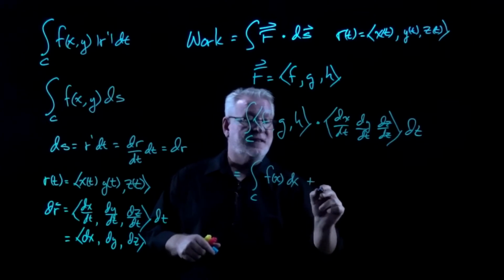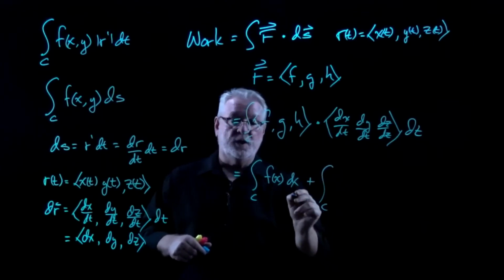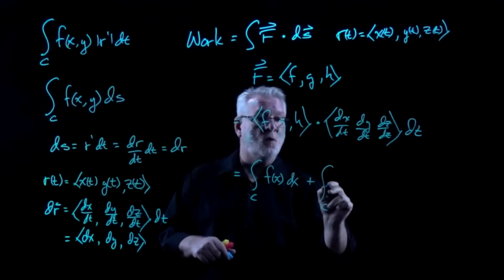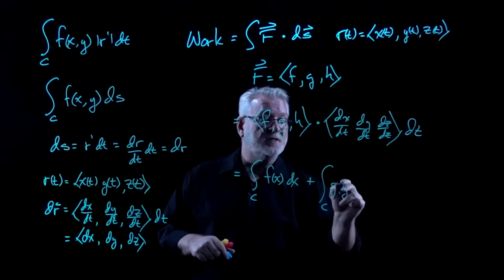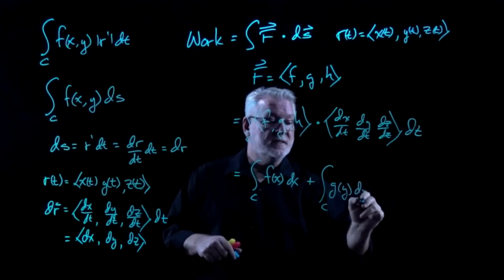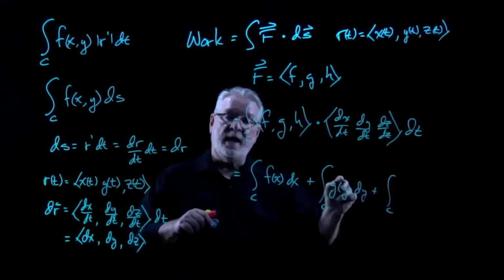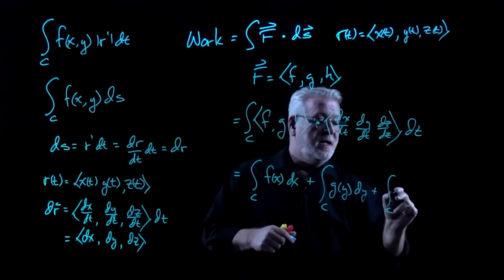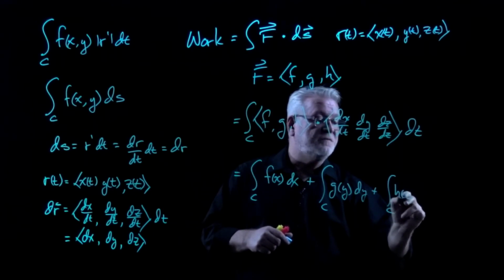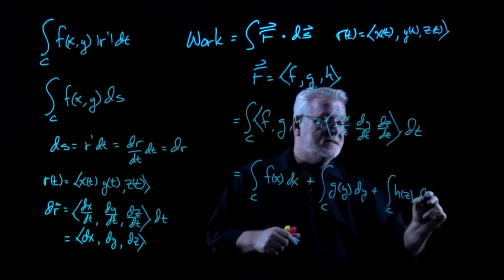And then I'll add to that, again, a new integral over a new curve expressed in terms of dy. And this will be g expressed solely as a function of y, dy. And then the final one will be c, again, a curve defined by z, and this will be h exclusively as a function of z, dz.